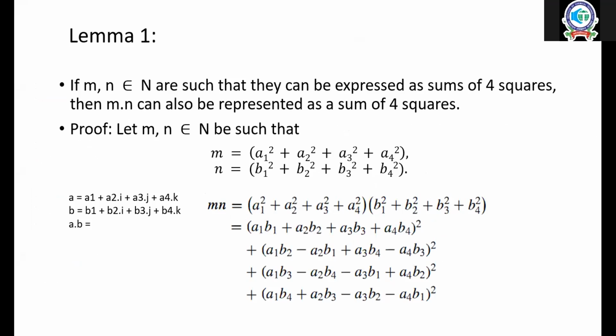Next year, if you are doing coding theory, there are Hadamard matrices. I'll tell you at that time about Latin squares and all. There one result depends upon a natural number being the sum of four squares, so there also they will use it.